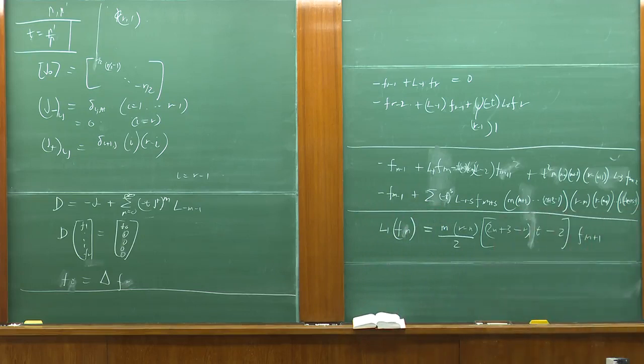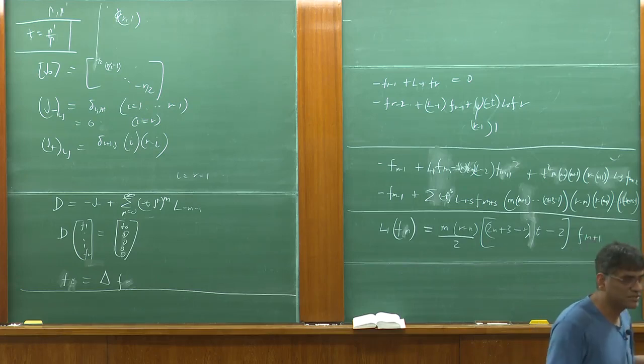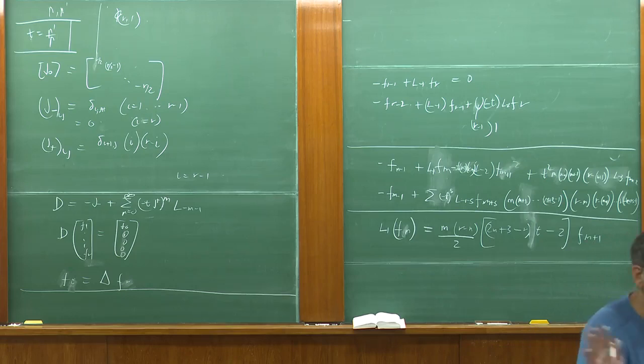As written, it's true for all m, and at m equals r, it's also true when you just set that thing to be 0. That's obvious, right? Because fr is the primary, so you act with L1 on the primary, you get 0. So if, in our minds, whenever we see an fm plus 1 we just replace it by 0, then this equation is always true. This is the claim. Excellent.